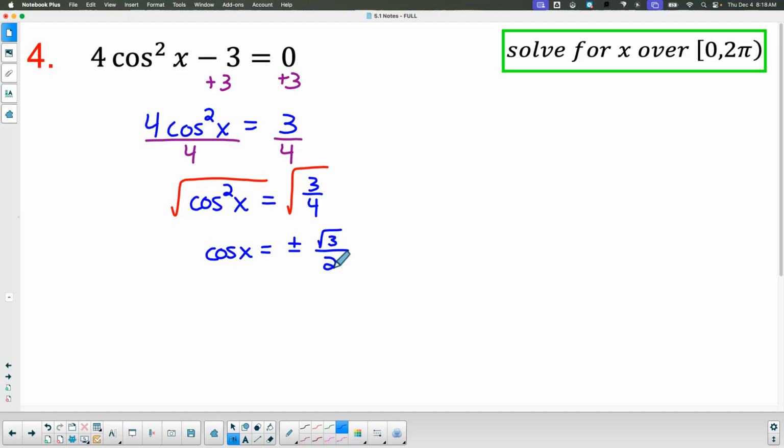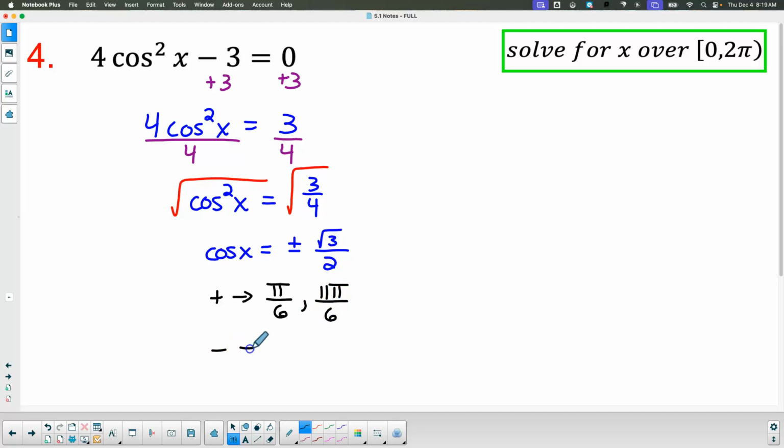Okay? So cosine is equal to positive square root 3/2, where? Pi over 6 and 11 pi over 6.